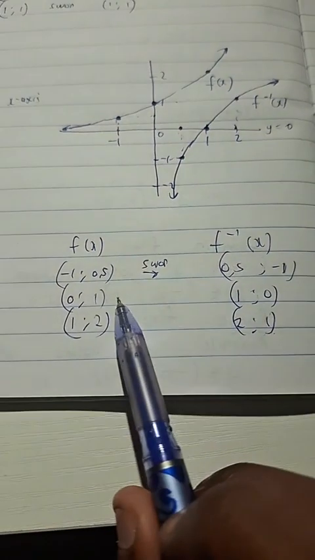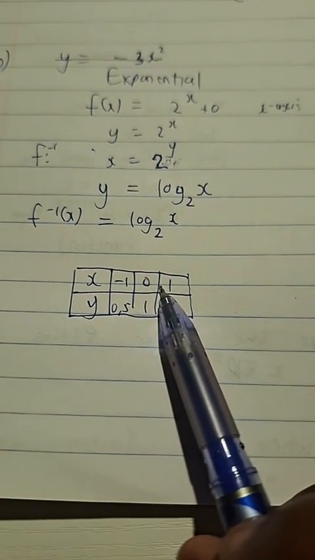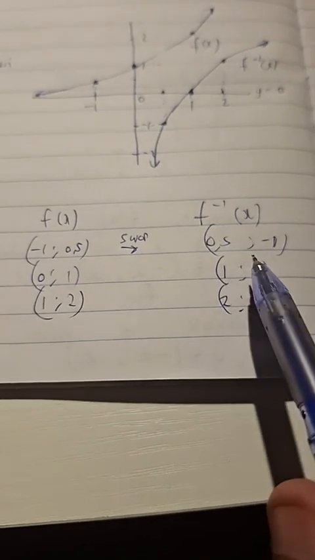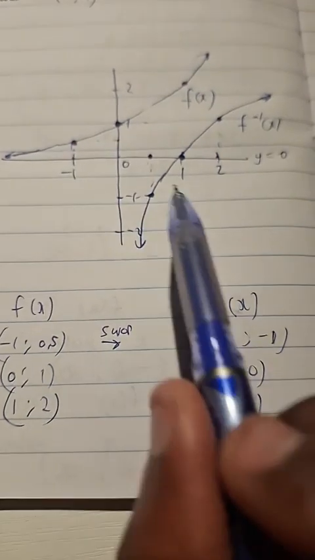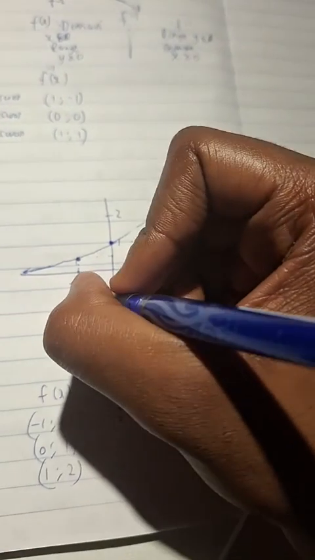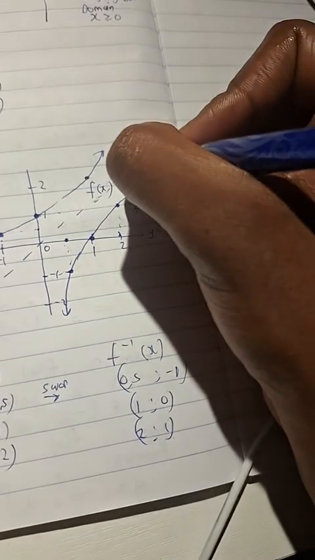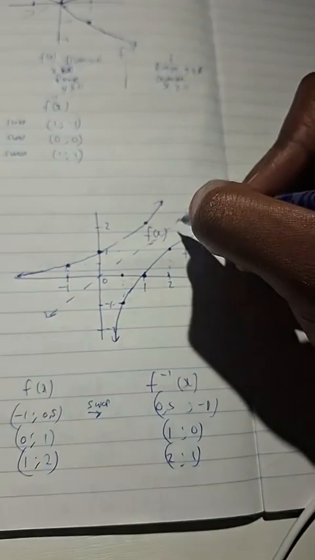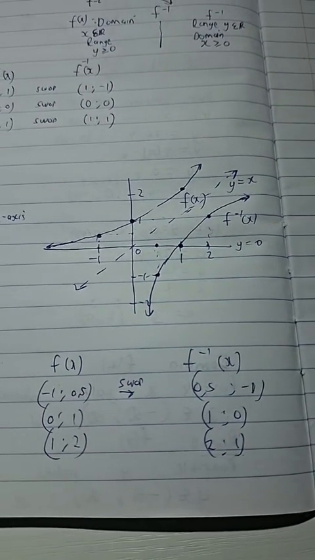I just swapped around the points of the inverse, and then I just go and sketch those points, as long as I know how to locate the points on my Cartesian plane. And what you should then notice is that once again, the function and its inverse are symmetrical along the line y is equal to x.